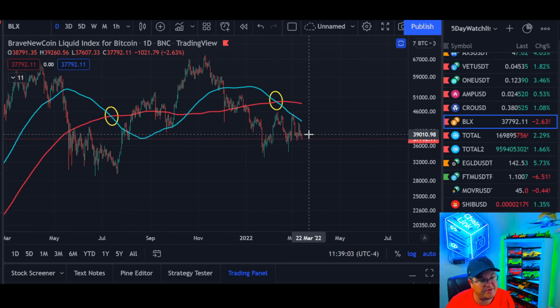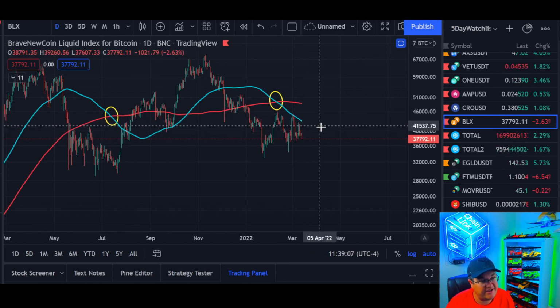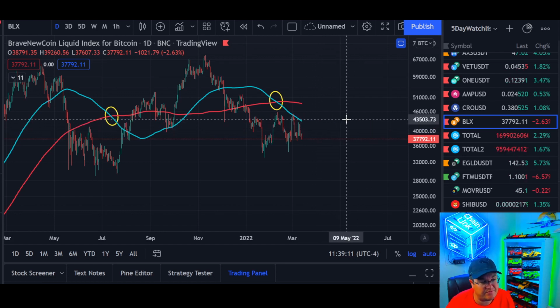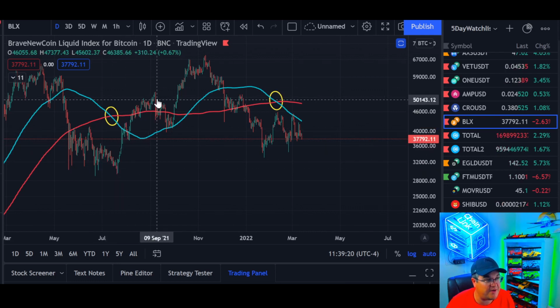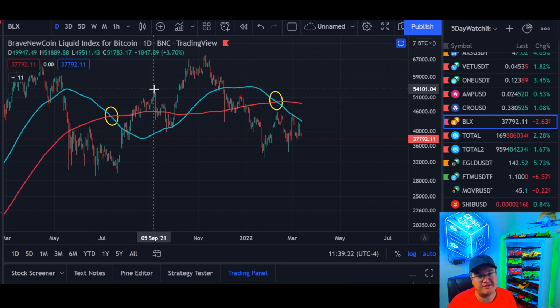So yeah, it could be some time. Certainly if we spend more weeks down here under the 100-day, it's going to take a little bit longer. So 100 days again was around the end of May. That would probably be the earliest that I would see it doing, unless we start melting up to the upside, which anything is possible in Bitcoin.